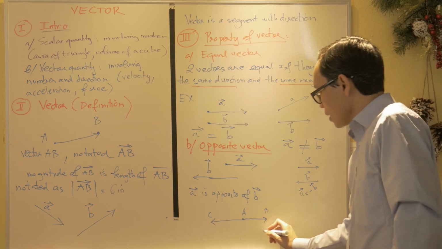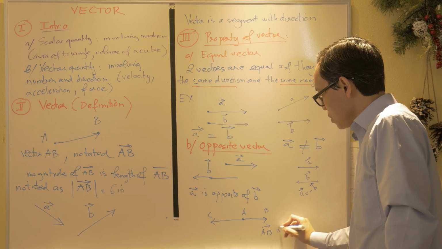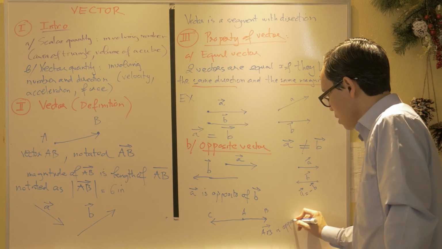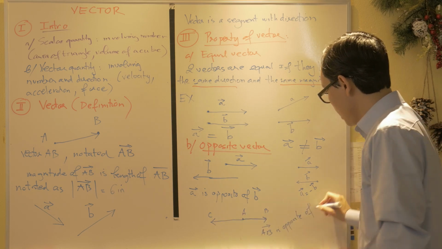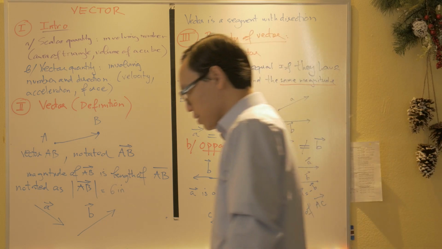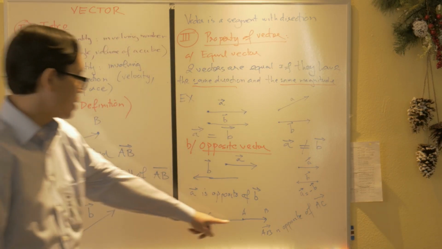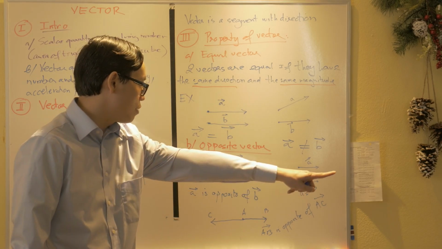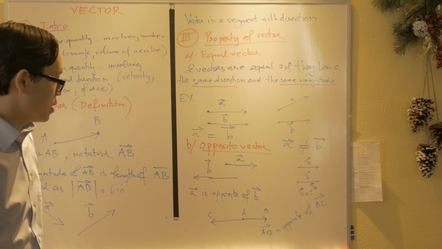So vector AB is opposite of vector AC. Because you see that vector AB is pointed to the right hand side and vector AC is pointed to the left hand side, the opposite.